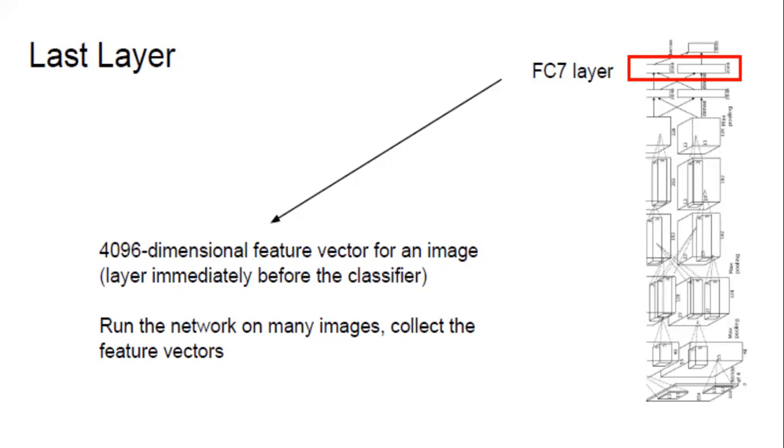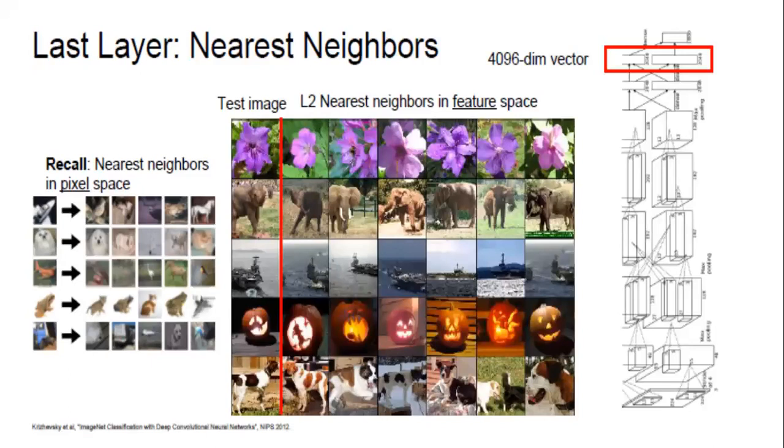In conventional computer vision methods, with classifiers like neural networks, support vector machines, and so on, what we used to do is take the original image and extract some handcrafted features.